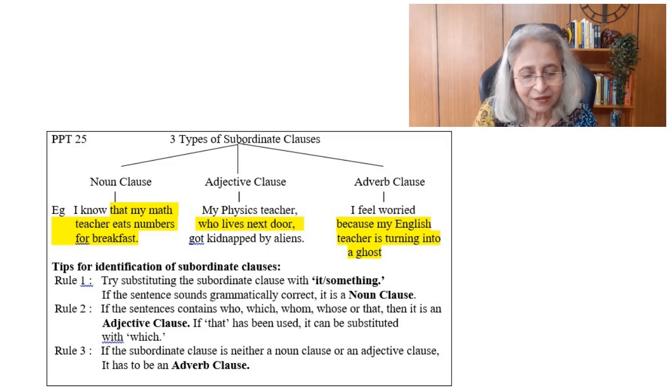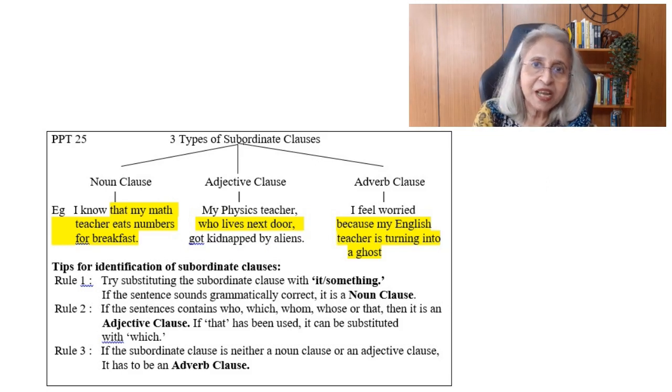All right, let's go on to the next one, the adjective clause. My physics teacher who lives next door got kidnapped by aliens. Now you have my physics teacher, that is part of the main sentence, and then you have a clause in between, who lives next door, and then you have the completion of the main clause, got kidnapped by aliens.